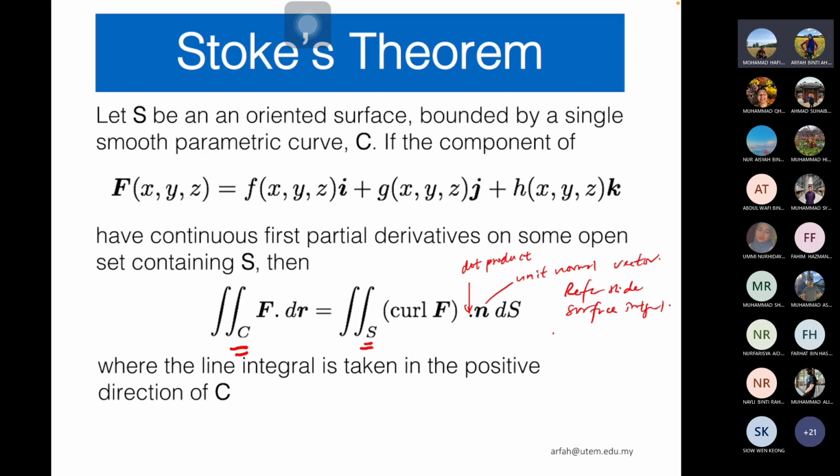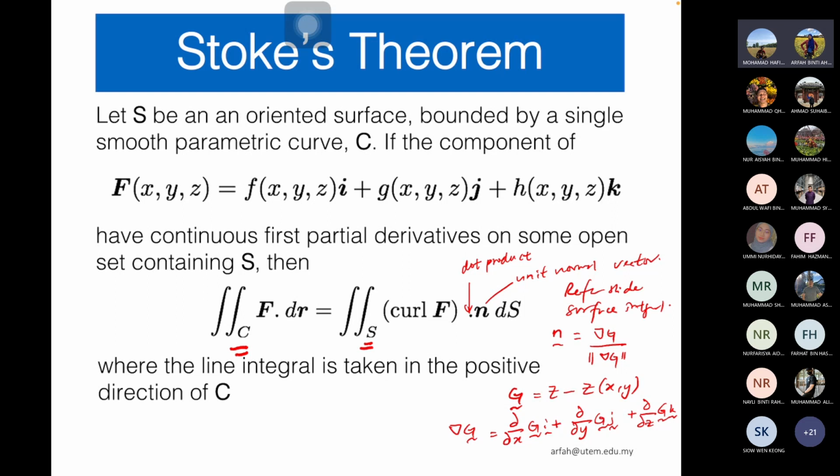Okay, yang mana unit normal vector akan sama dengan delta G over this one, Euclidean length of delta G. So G function akan sama dengan Z minus Z of X, Y. Okay, and delta G equal to taking partial derivative of X terhadap G, plus partial derivative of Y terhadap G, component of I, of J, and also partial derivative terhadap G for the component of K. Okay. So yang ini untuk dapatkan the unit normal vector, kita dah tengok dekat dalam surface integral.